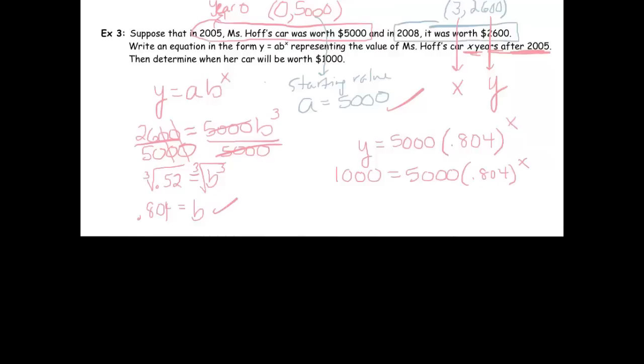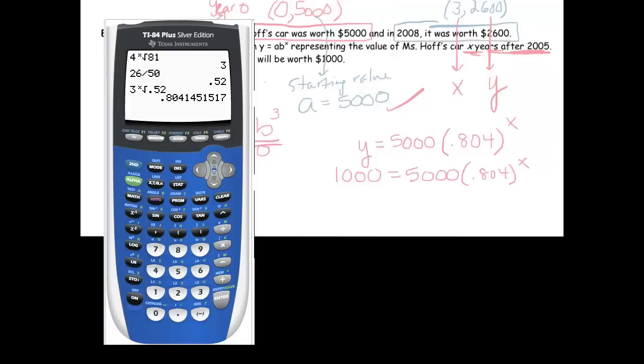So I'm going to get my calculator out, and I'm going to graph in y1 the number 1,000, and then I'm going to graph the actual function in y2, so 5,000 times 0.804 caret to get the exponent of x. And I'm going to start my window out high enough to see 1,000. So I'm going to make my y max 2,000 and see if I need to change it. Nope, perfect.